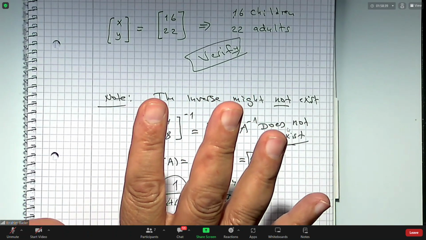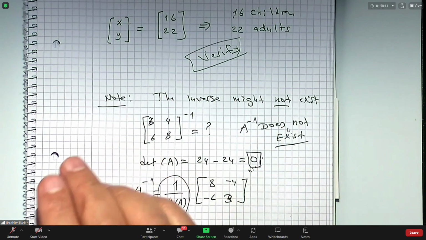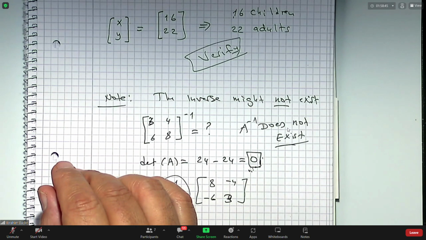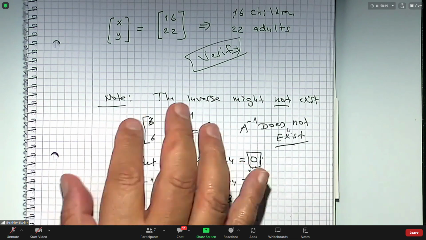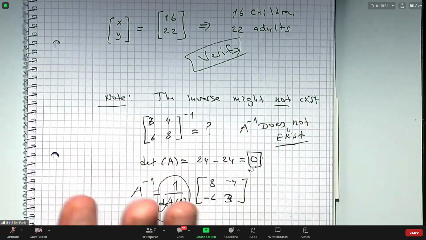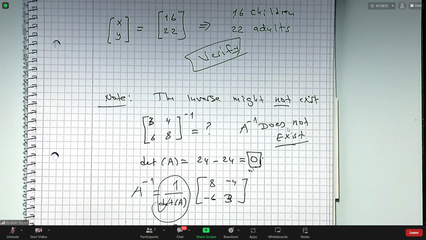In order to solve the linear system using the inverse matrix, you just write the system as AX equals B in what we call matrix form. Try to evaluate the inverse matrix and then just multiply it from the left with the right hand side, if it exists, of course. And this is the solution of the linear system.